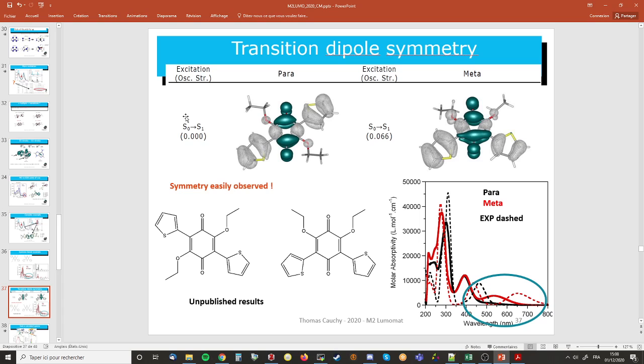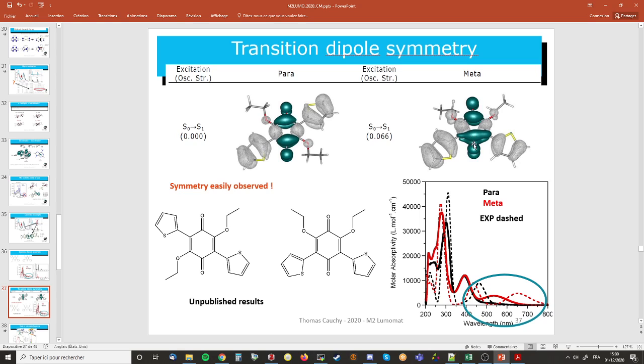Physically, the first excited state in the para substituted is the same physical process. However, since you have something that is symmetrical, you will see here that the overlap is the same, it's the dipolar moment that is different. So let's look at this picture again. Here, the center of mass of this excited electron is in the middle. Here, you see that the white, the hole, is more centered around here.